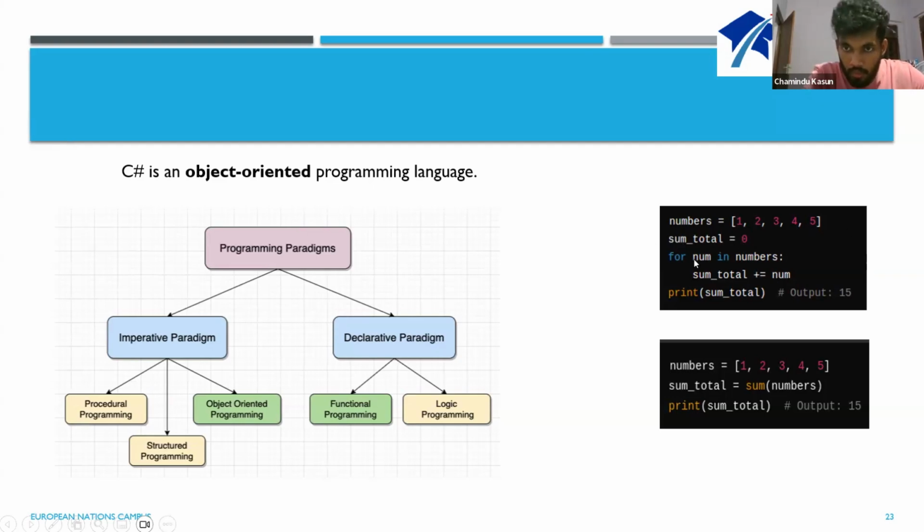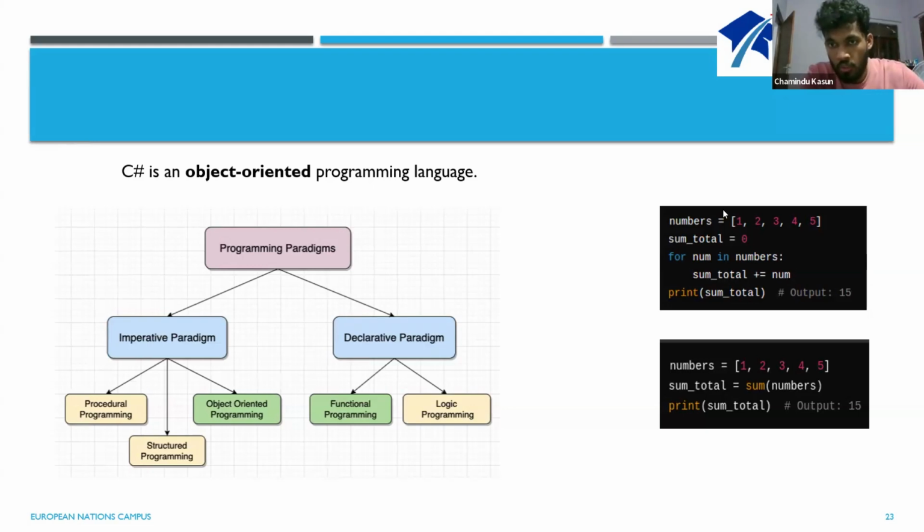What we are doing is using a for loop for each number in this array. We tell the computer to iterate through that array and add it to the total, right? That's how we get the total.